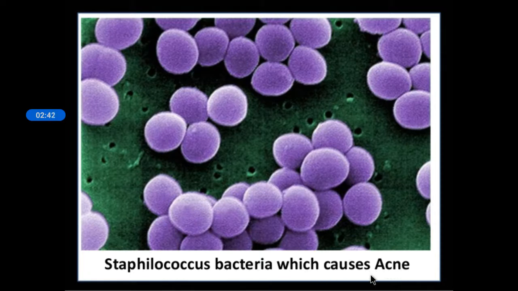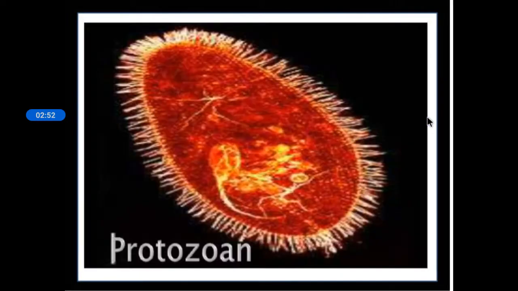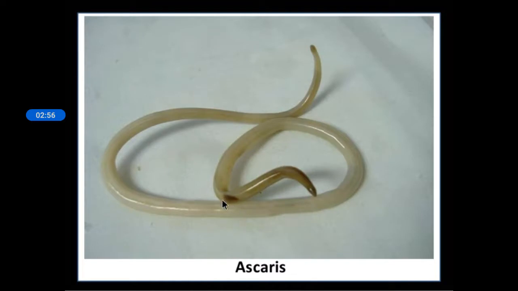Acne means pimples. Mainly during adolescence you can see pimples on your face, which are mainly caused by staphylococci bacteria. Then the protozoans and ascaris, that is the worms. So these are some pictures of infectious agents which cause infectious diseases.